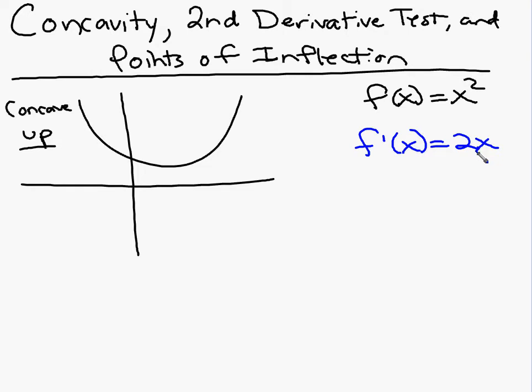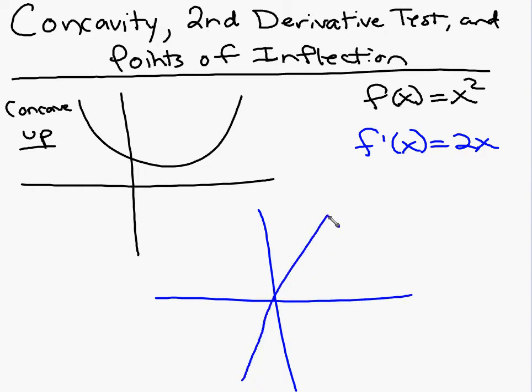Now, if I were to graph the derivative, isn't 2x something like this? Okay, here's 2x. So I have a question for you. On the entire domain, is 2x increasing or decreasing? It's increasing. Okay, this is increasing.